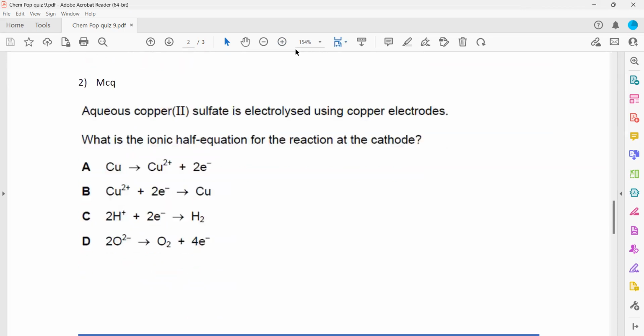In question 2, aqueous copper 2 sulfate is electrolyzed using a copper electrode. Write an ionic equation for the reaction at the cathode. So what are the ions present in aqueous copper 2 sulfate? It contains copper 2 ion, sulfate ion, hydrogen ion and hydroxide ion.